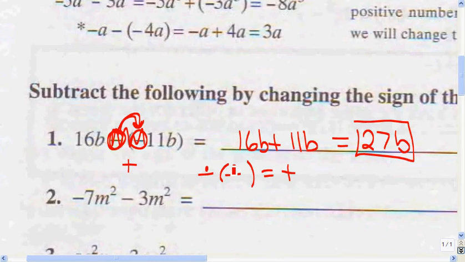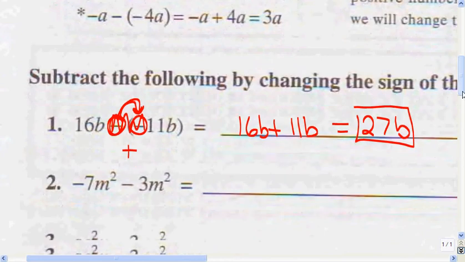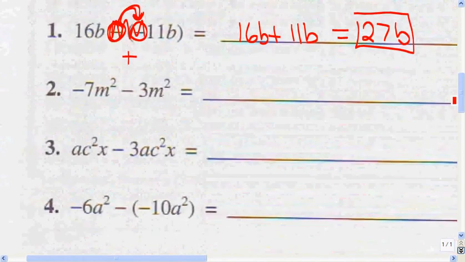Whenever you multiply two negative numbers, your answer is positive. Negative times negative equals positive. I don't know which way you understand it better, but those are the two ways I have of explaining it.